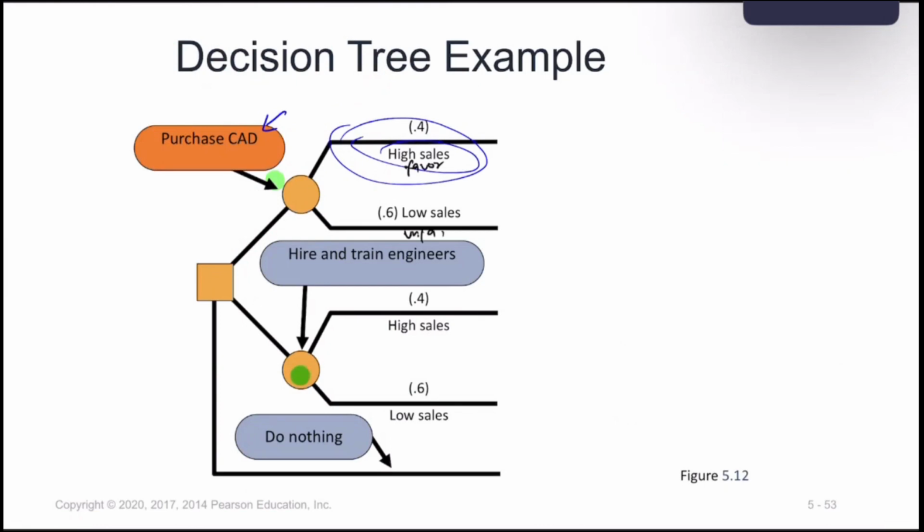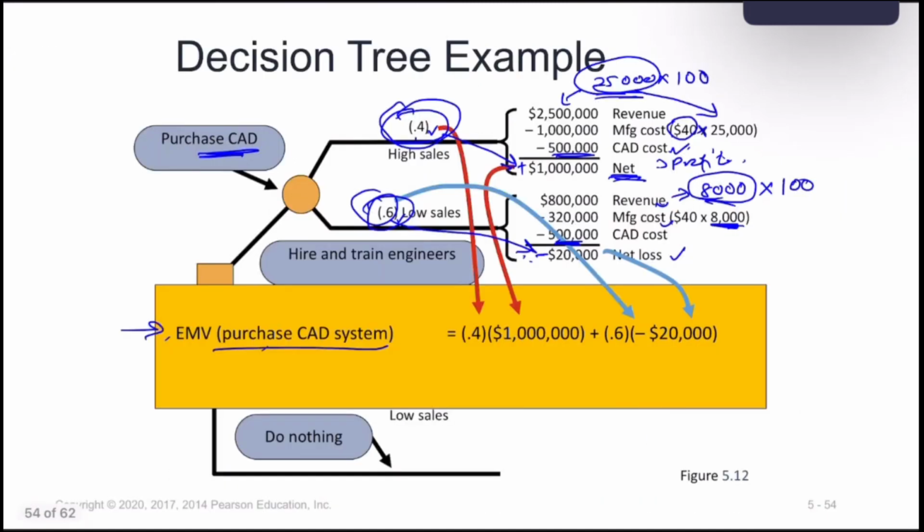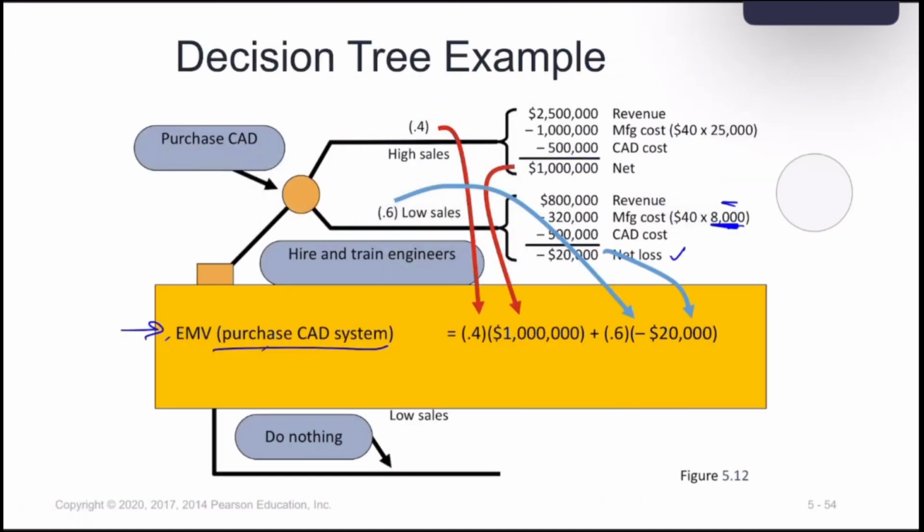Okay, so you have these two probabilities. Here they calculate for you what I mentioned before. We have revenue, which is 25,000 units times 100.